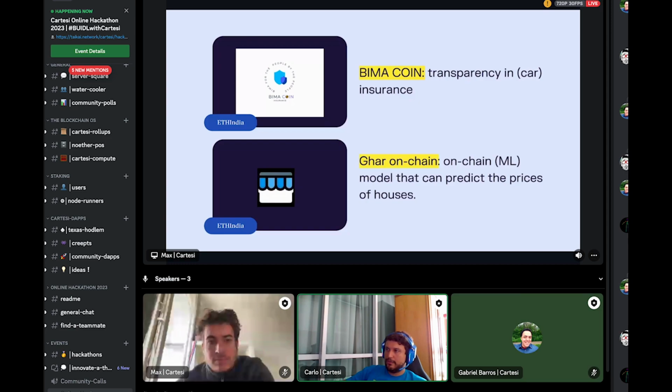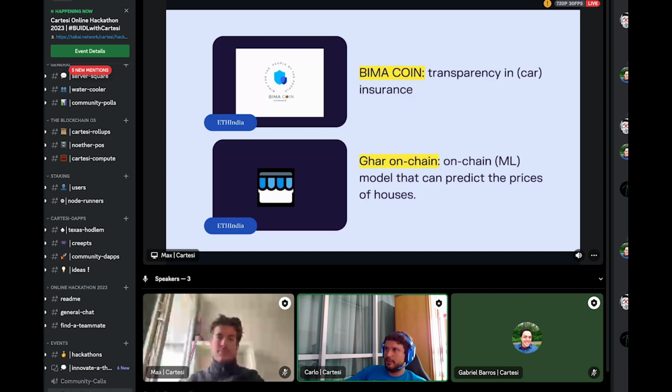This Gar on Chain is another really cool application which also uses machine learning. This one is actually using inputs from the real estate market to come up with prices for houses that are on the system. It's a marketplace in which you can tokenize, for instance, rents, and to know if that rent is appropriate or not, they need to know the housing prices.